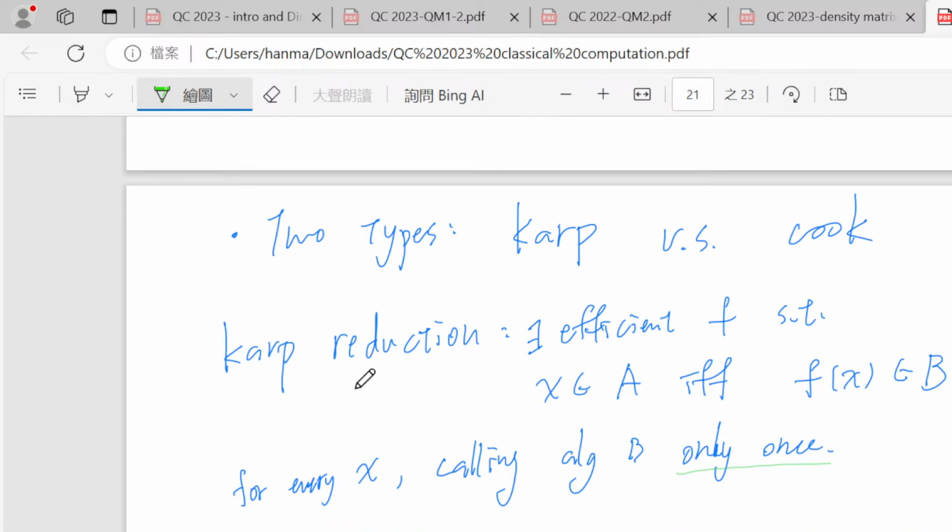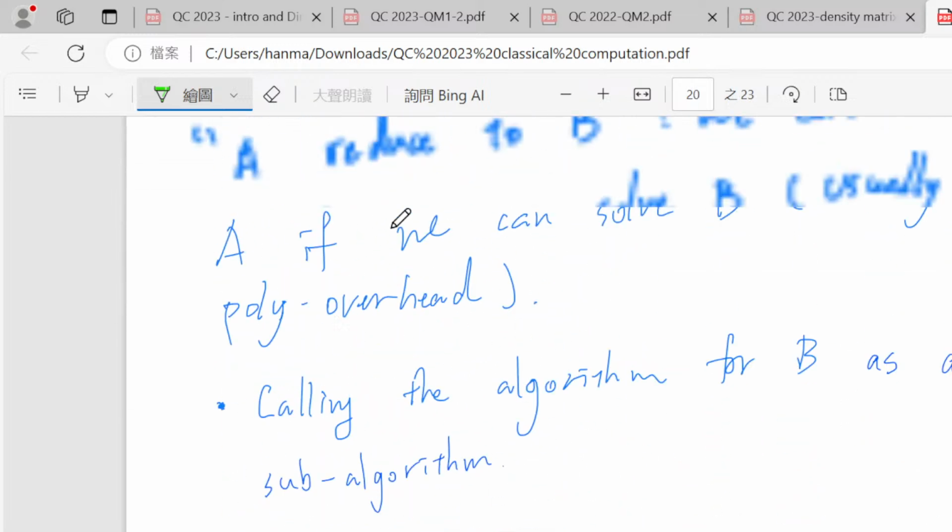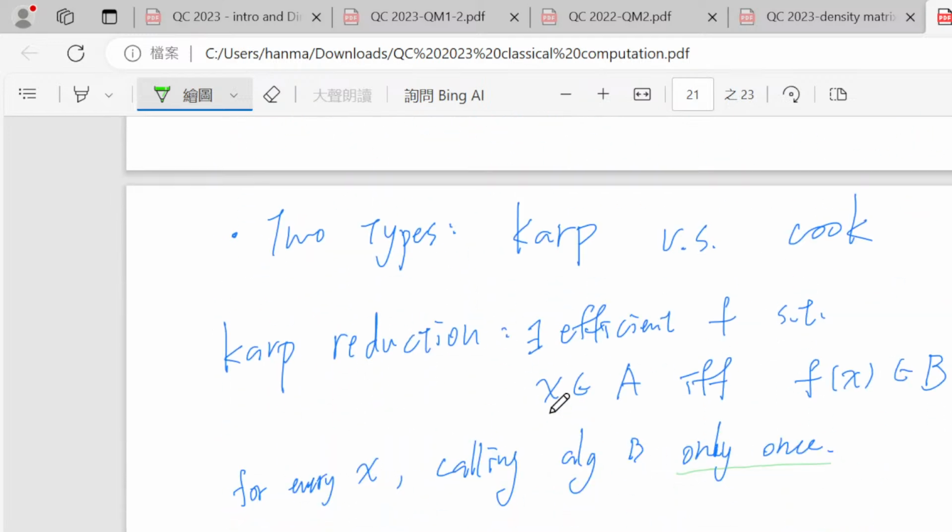And the Karp reduction is a more mathematical thing. It means that there is a one-to-one correspondence that you can map an instance in A to an instance in B. Remember, A and B are languages, and the thing we want to solve for a language is whether your input string X is inside your language.